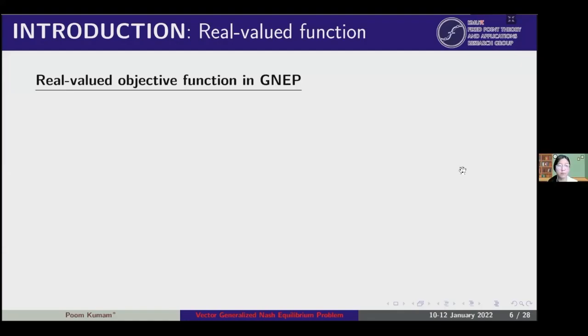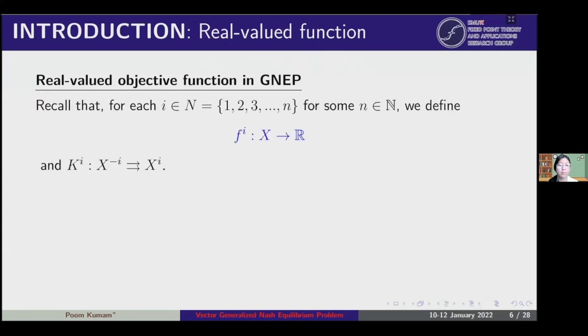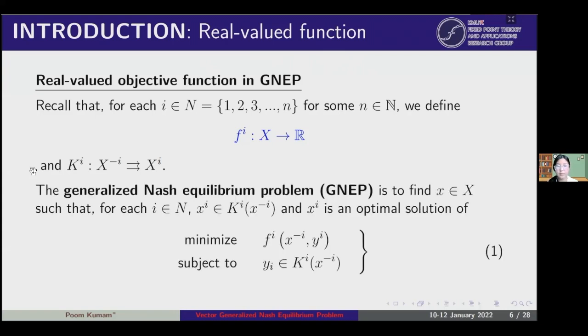For the concept of Nash equilibrium, next we consider the real-valued objective function in the generalized Nash equilibrium problem. Recall that for each i, we define Fi as a loss function which maps from X to the real numbers, and we consider the set-valued mapping Ki. The generalized Nash equilibrium problem is to find x such that for each i, xi belongs to Ki(x minus i), and xi is an optimal solution of this minimization problem.